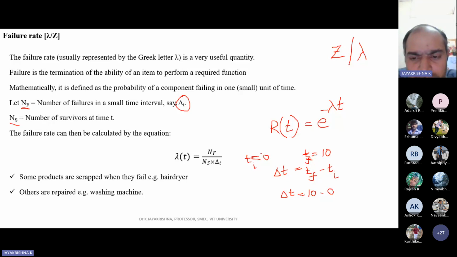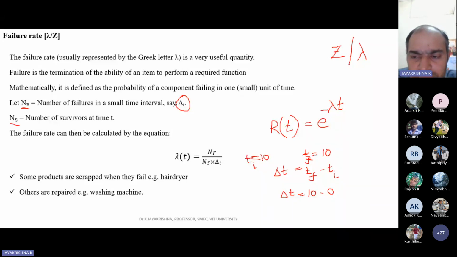So for the second test, what will be the t of i value? 10 only, sir. 10.